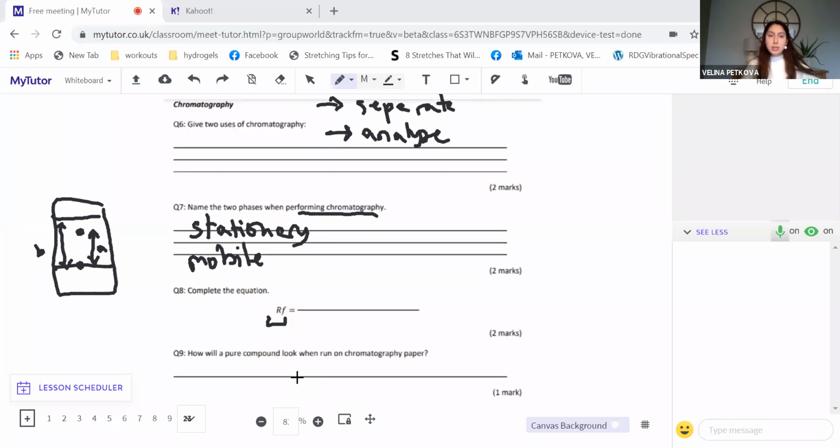So if we had a pure compound, it would look like this example I've drawn here. It's just going to have one dot on it that has traveled a certain distance. You're not going to see any more. A pure compound just means that it's made of one substance, so you're not going to get separation. You're just going to have one dot present.